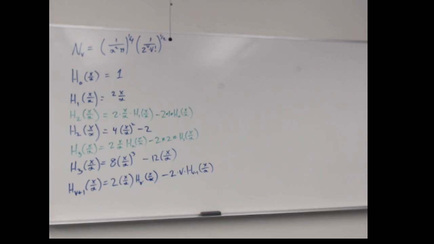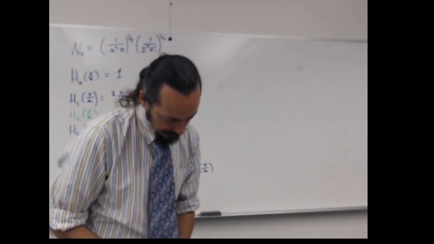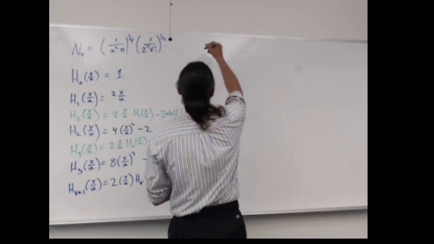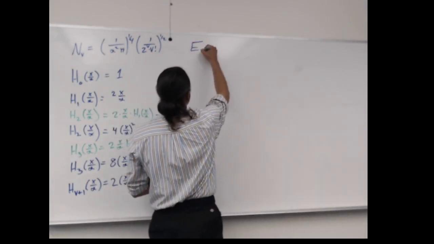We end up with an energy, for this problem with that counting number v, equal to (v + 1/2) h bar omega. That becomes our energy associated with this.